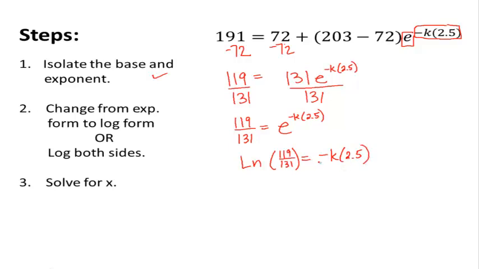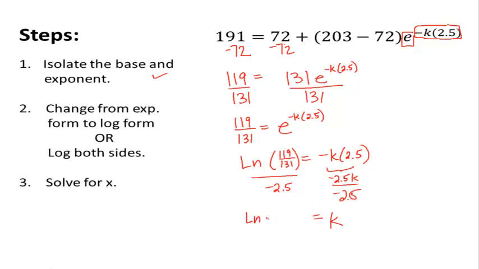All right, let's clean this up. Negative k times 2.5, isn't that really negative 2.5 times k? We don't want the negative 2.5 there, so let's divide both sides by that negative 2.5. Once we do that, then we'd have k by itself.